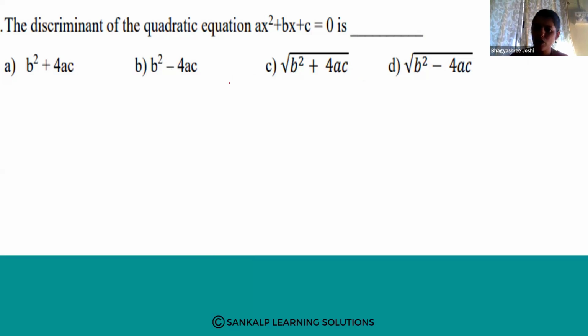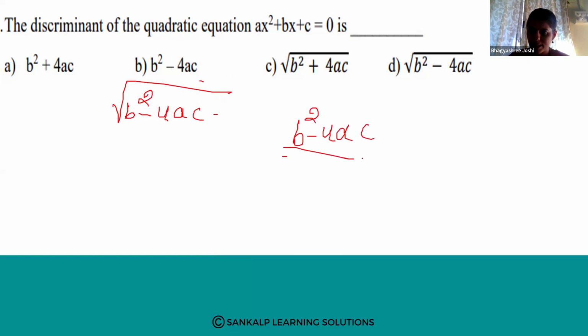Yes, dear students, I have already told you only b square minus 4ac is the discriminant. If you put a root here, it is not a discriminant. Only the term b square minus 4ac is the discriminant. So option B is right.